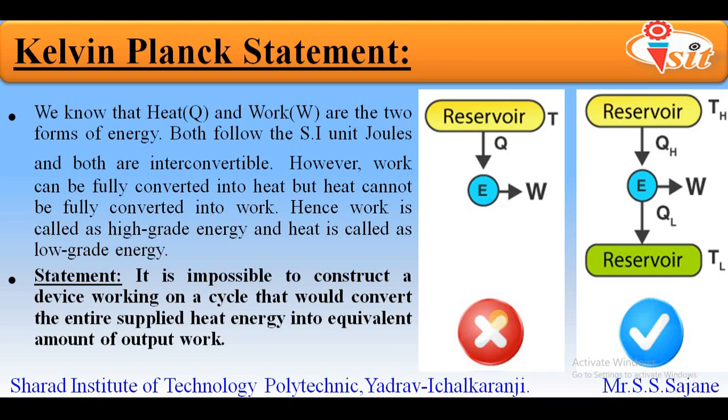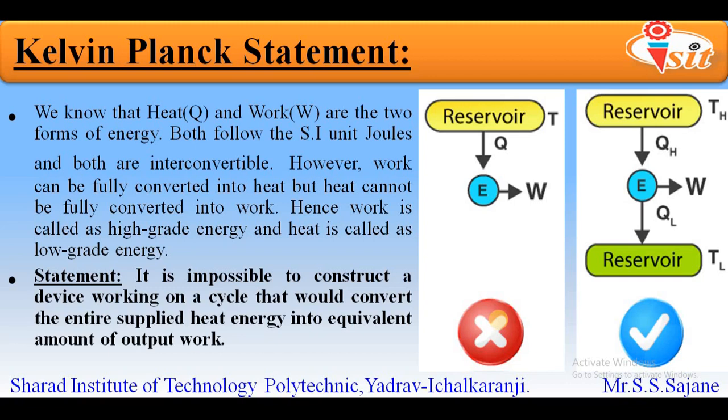In the second diagram we can see that there is input heat energy from the reservoir, which is at temperature TH. From this reservoir the engine is receiving heat, represented as QH, whereas some partial amount of this input heat energy is converted into output work, and the remaining heat energy is rejected to the other reservoir, which is at temperature TL.